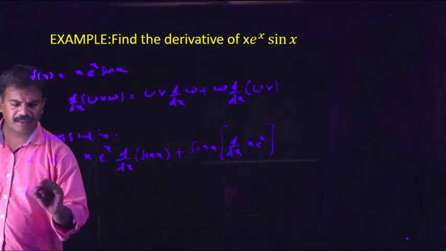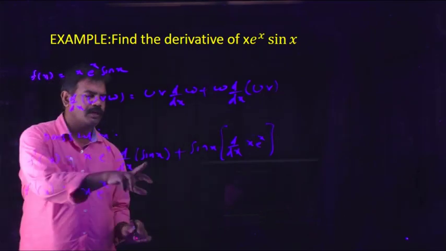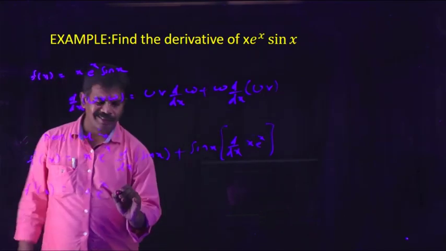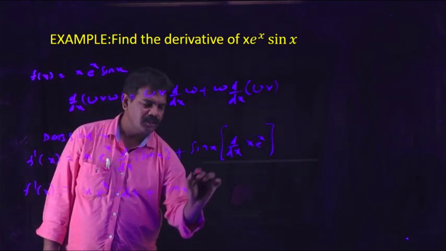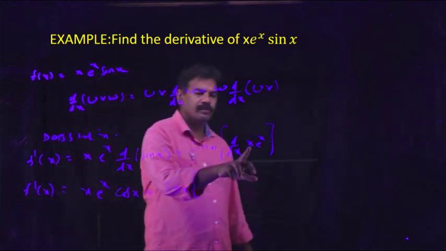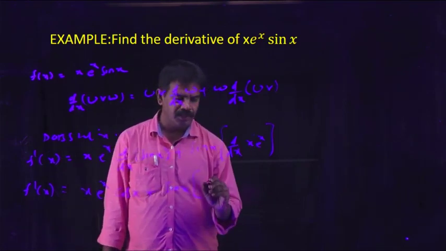It is f'(x) is equal to x into e power x. We know the derivative of sin x is cos x, plus sin x into, here two terms are there, that is the uv formula. So u is x and v is e power x.